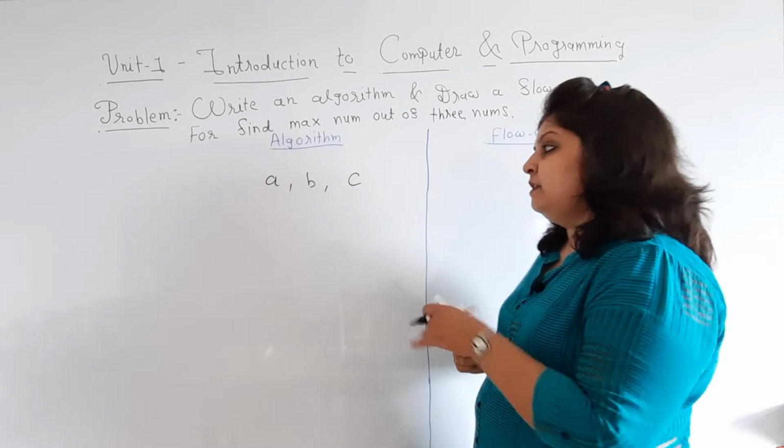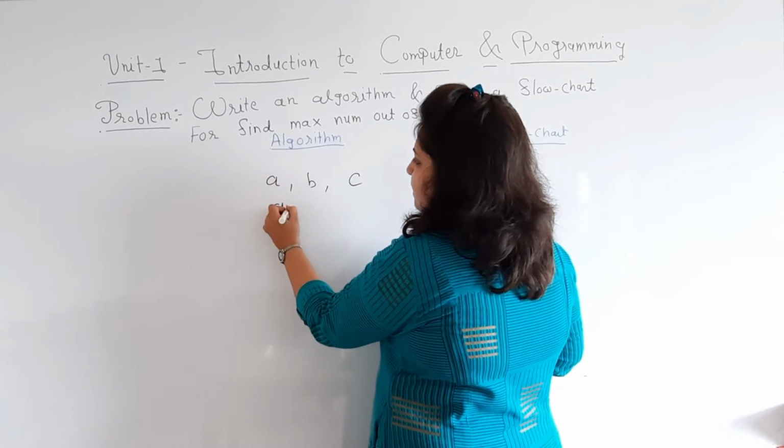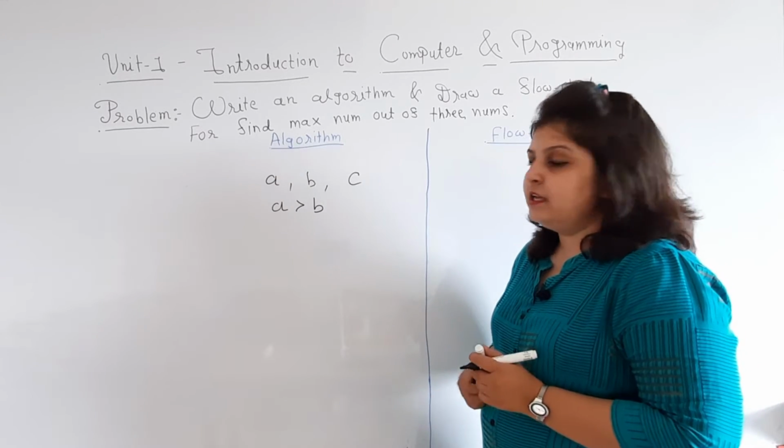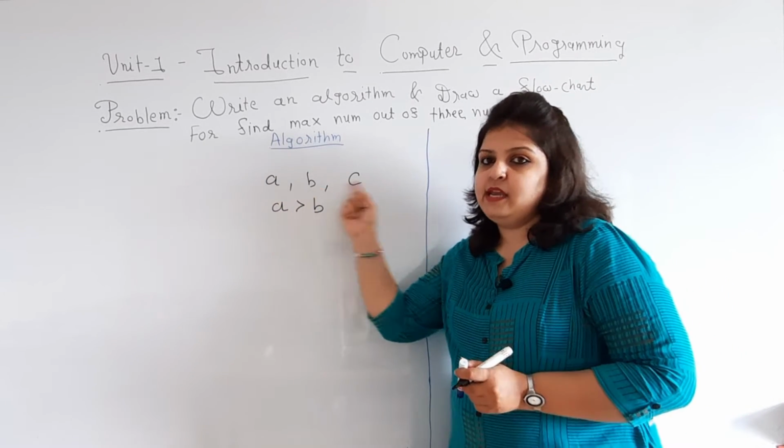Why? Because in the previous example we checked one condition, A greater than B, but here we have 3 variables A, B and C.